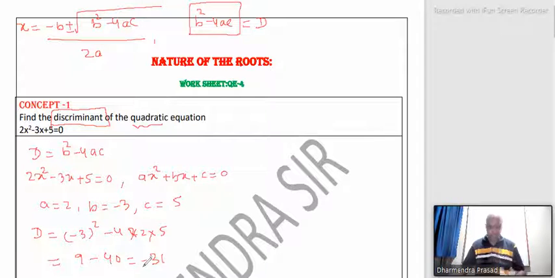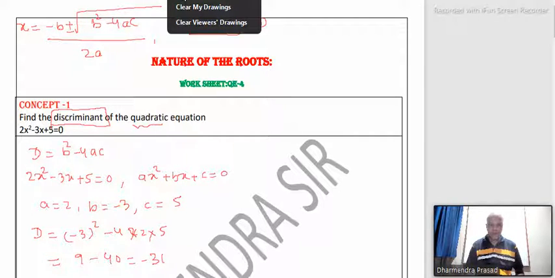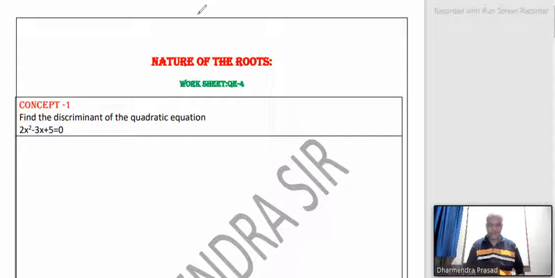So D is equal to minus 31. This is the method to find the discriminant of the quadratic equation. Is the first question clear? Now come to the next question.